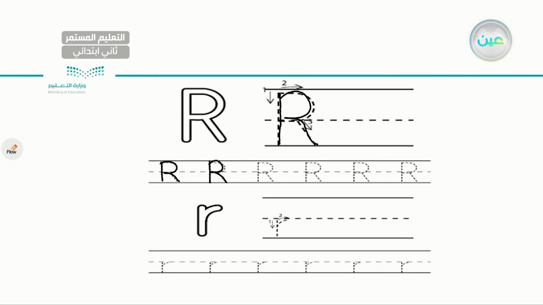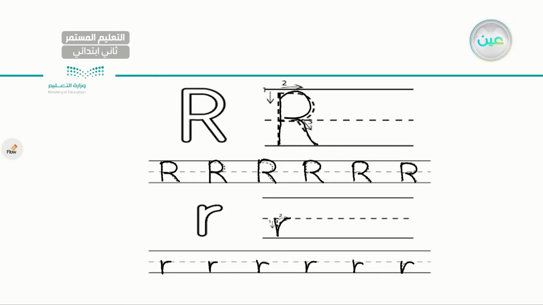R. Ring, rabbit, ruler, rainbow. Very good. Now let's go ahead and write the small r. R. Rain, robot, and so on. Very good, my dear student.